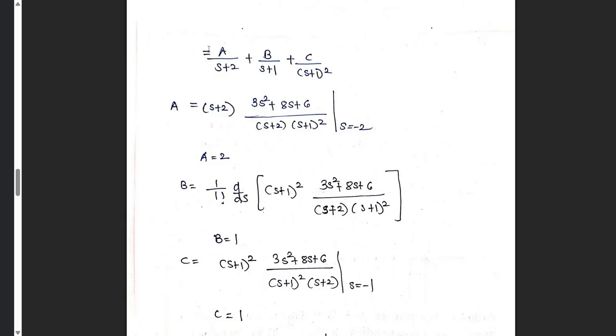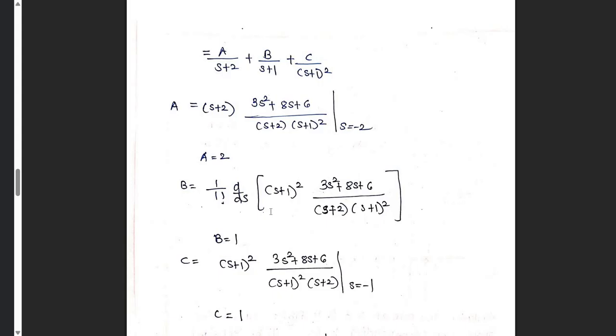Same style, first of all the a coefficient we want to calculate. So for that, take the denominator s plus 2 multiplied by X(s) at s is equal to minus 2. Substitute this, simplify it a little bit, you will get the particular value of a. If you substitute here s is equal to minus 2, this expression and this expression.